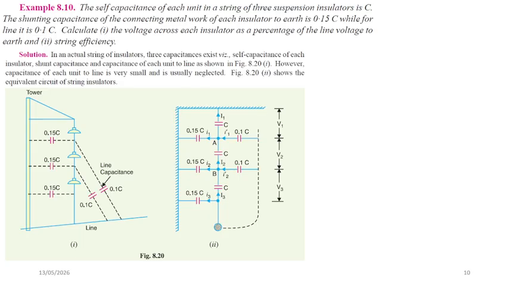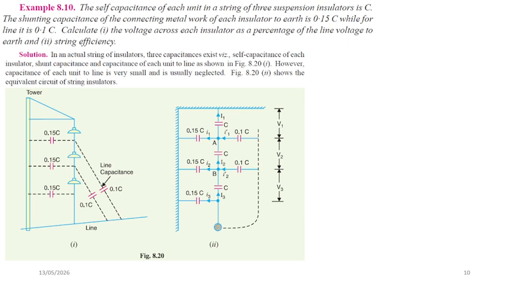Each insulator has a self-capacitance of C, while the shunt capacitance to earth is equal to 0.15 C. It means 50% of the self-capacitance, and the capacitance to the line is equal to 10% of the self-capacitance. This figure illustrates the physical arrangement of the insulator string, and then shows its equivalent electrical circuit used for analysis.